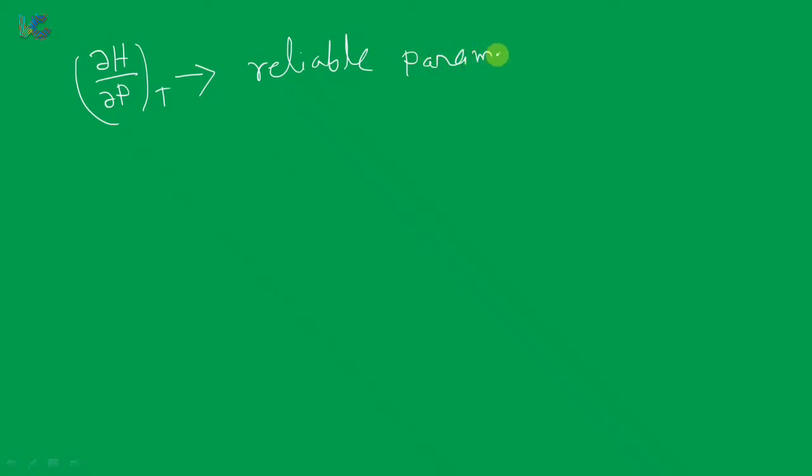That means by analyzing these 4 results, what we can conclude is that the term del H del P at constant T is a more reliable parameter to determine whether a gas is ideal or not.